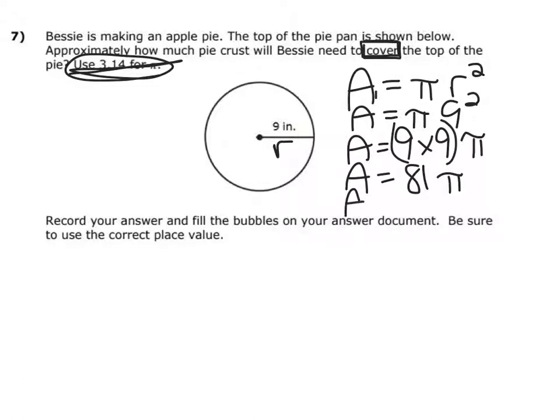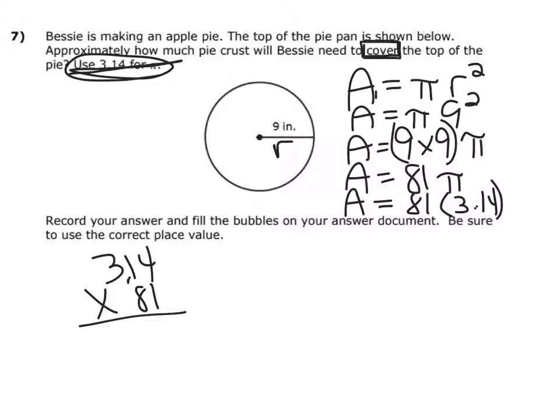So I'm going to go ahead and substitute pi with 3.14, and I'm going to do the math on the side. So 3.14 times 81. So 1 times 4, 1 times 1, 1 times 3, add a 0, 8 times 4, 32, 8 times 1 plus 3, that's 11, and 8 times 3 is 24 plus 1, 25.